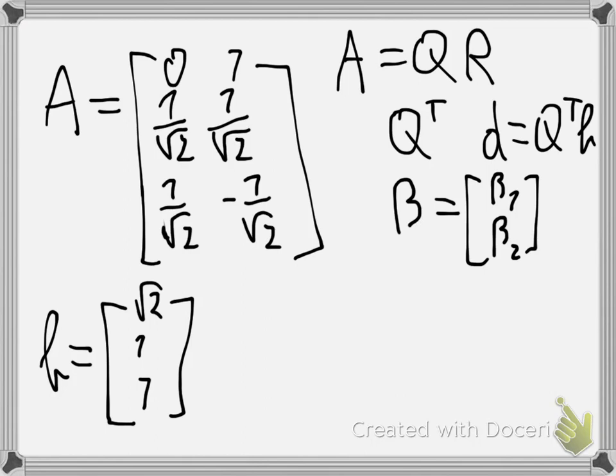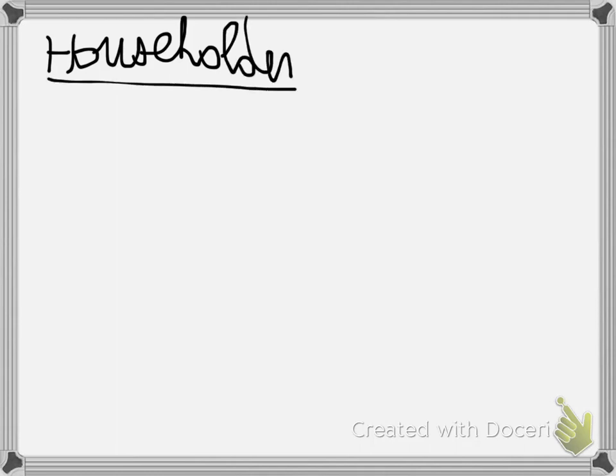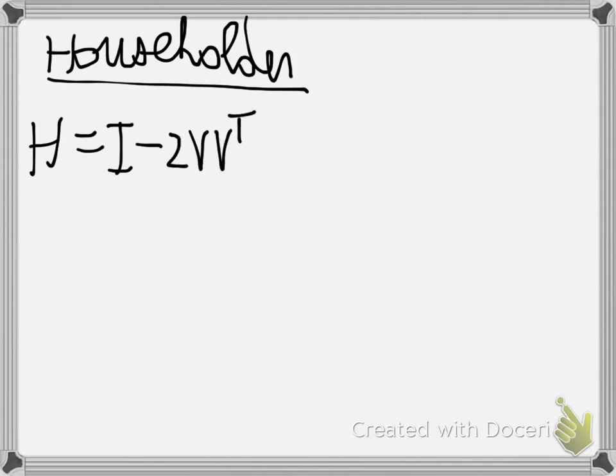For the QR decomposition, I will use Householder. You can also do it with the Givens rotation or Gram-Schmidt. I will maybe do a video about it. So if I have my matrix, remember that the Householder transformation is given by the identity matrix minus 2 times V V transpose.